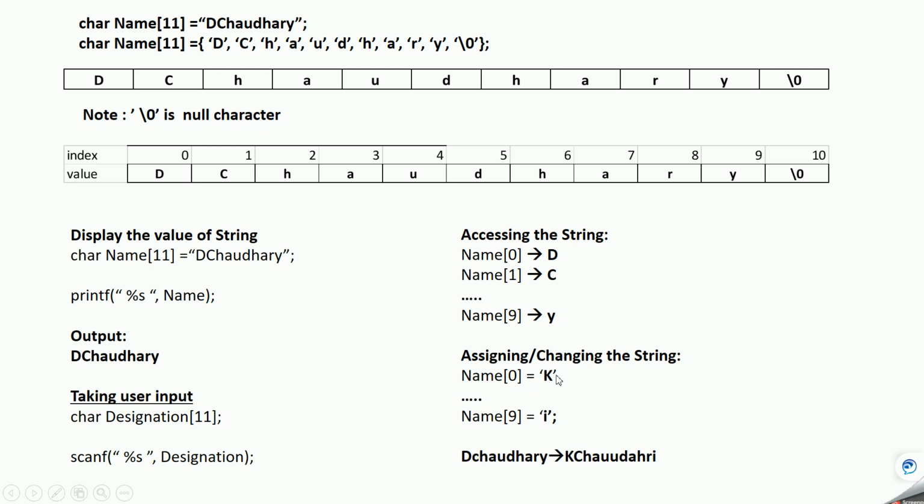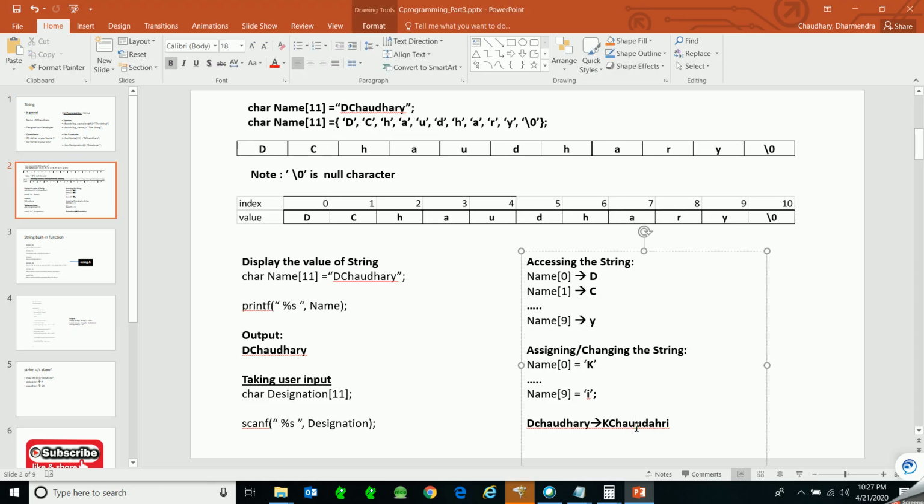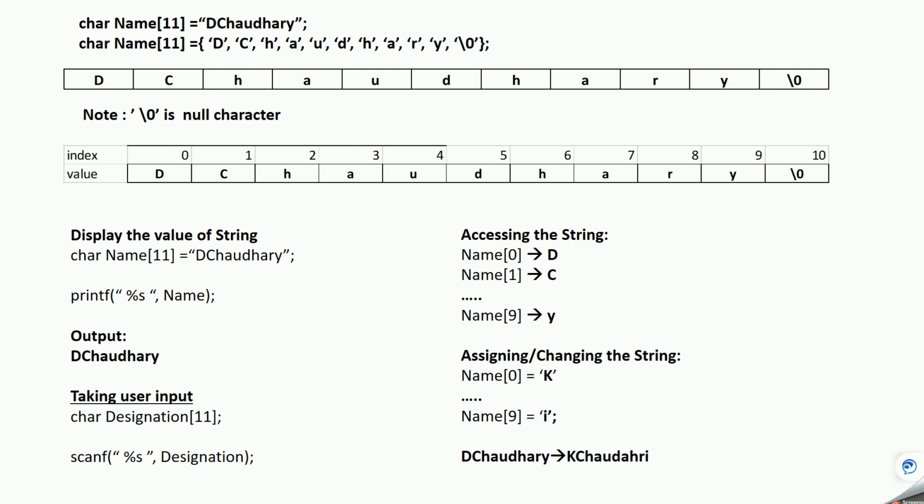And here also I want to change this character, from Y to I. So I'll say the character at 9th position I want to change, and I will assign I. So what will happen, this D Chaudhary will become K Chaudhary. There is a mistake here that I made in typing, so this is just to understand the concept. This is called changing.